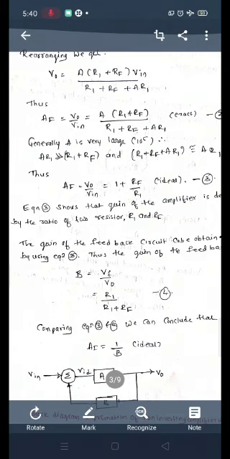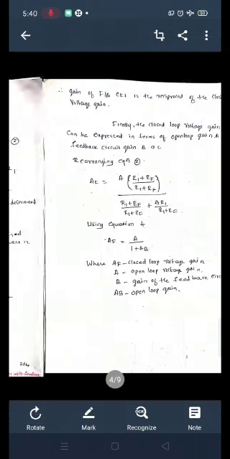So once again, for the feedback voltage we already have R1 divided by R1 plus RF, and hence comparing equations 3 and 4 we can conclude that the feedback gain B is nothing but 1 divided by the ideal gain. This is how we determine the gain of the feedback circuit, that is the reciprocal of the closed loop voltage gain.